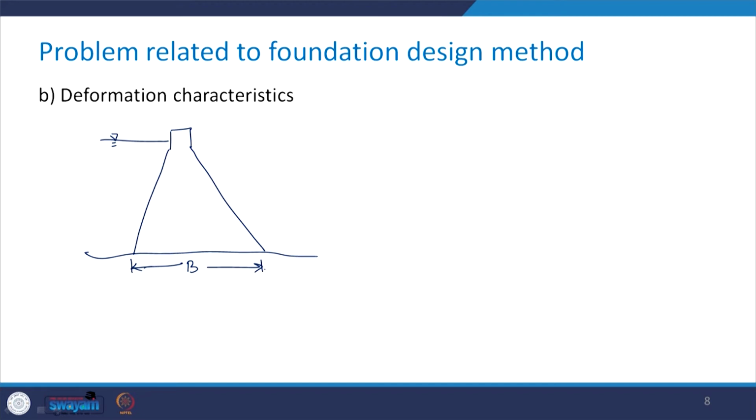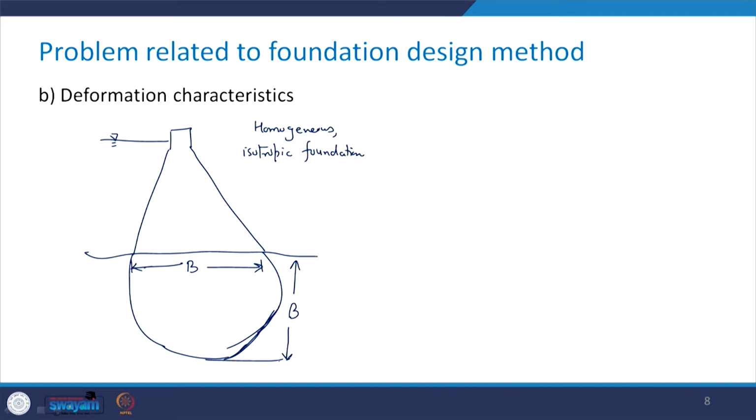Then in case of the homogeneous and isotropic foundation, this influence zone can be like this, where the extent of this can be equal to the width of the footing or the width of this base of the dam. So, this is how it will be in the homogeneous situation.